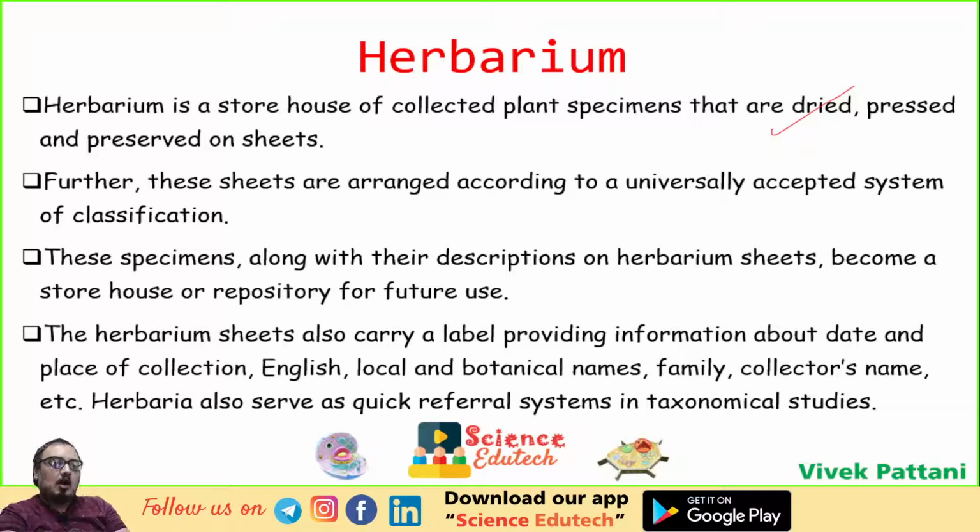Herbaria are generally associated with botanical gardens and educational or research organizations. In herbaria, the specimens are preserved in a specific manner, which basically includes the collection, pressing, drying, poisoning, mounting, labeling, and the arrangement according to some of the accepted methods of classification.